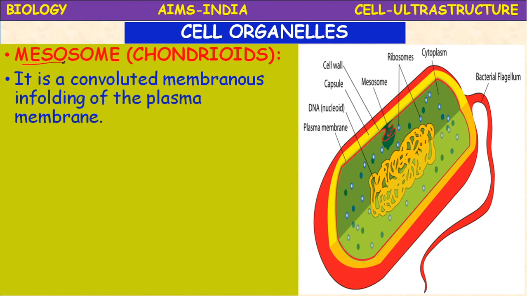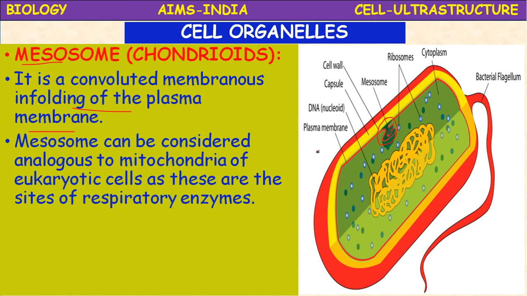It is a convoluted membranous infolding of the plasma membrane in bacteria or prokaryotes. See, the plasma membrane is folded, so it is forming a structure called a mesosome.